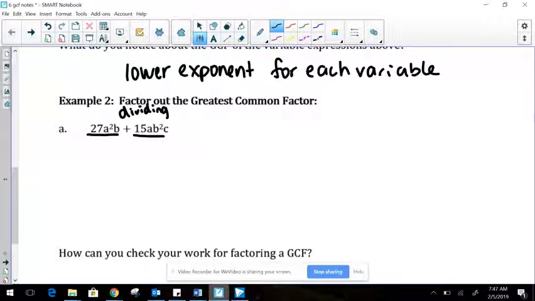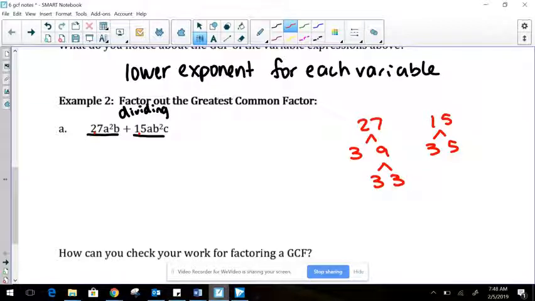So first thing I'm going to do is look at my numbers. So I have 27 and 15. The greatest common factor between those two numbers is what we have to start with. So over here, let's write these out. Those of you might be able to see this right away, but let's start slow in case we don't see it.